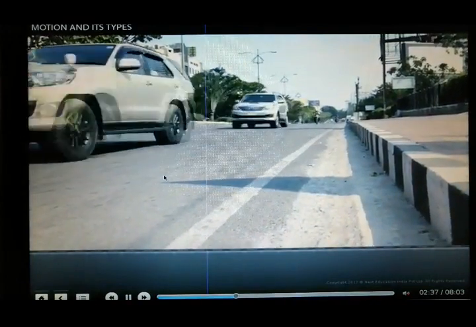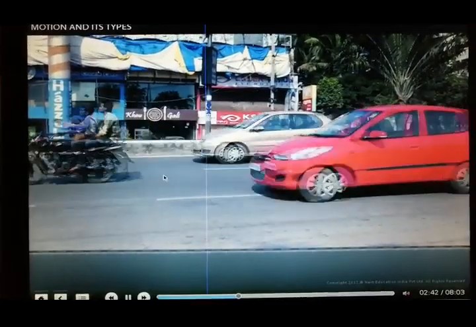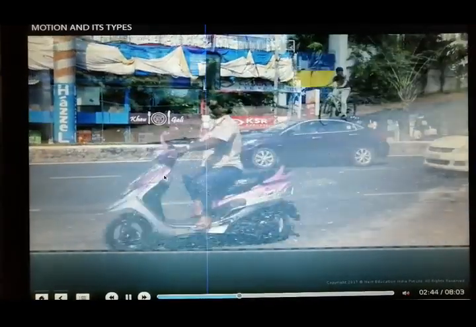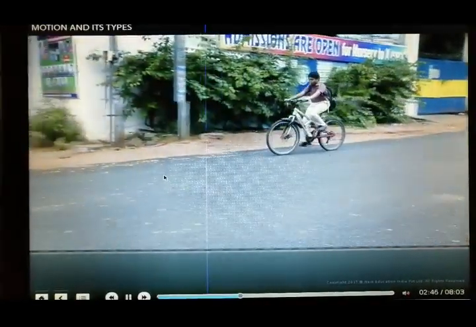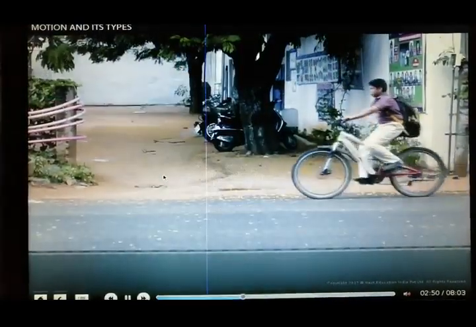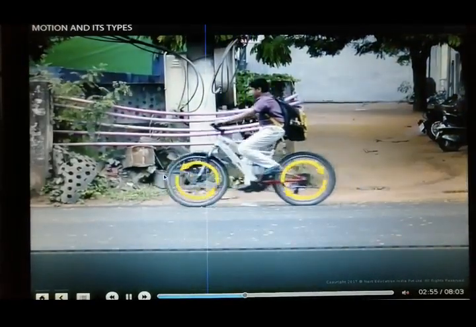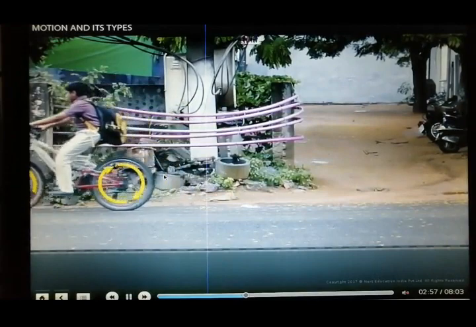In general, we encounter many examples in our daily life where there are combinations of different types of motion. For example, when a bicycle moves, the motion of the frame of the bicycle is along a straight line, whereas the wheels of the bicycle rotate about their axle.